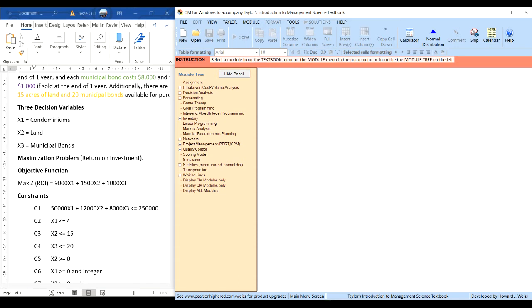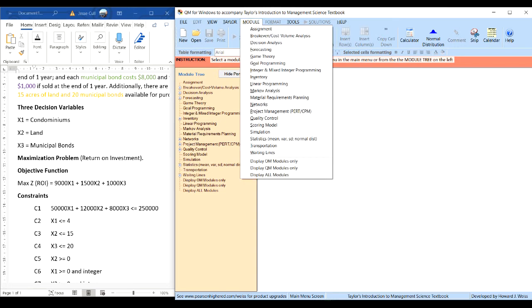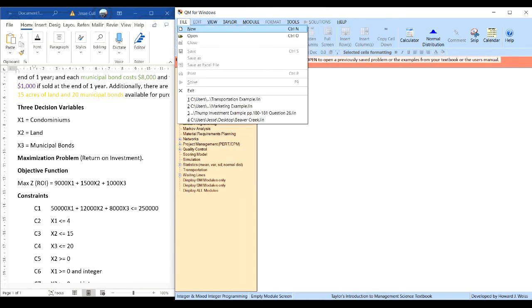So, as always, when we begin, we click on Module. We go down to not linear programming like we've done in the past, but integer and mixed integer programming. We click on this, we launch a new file.